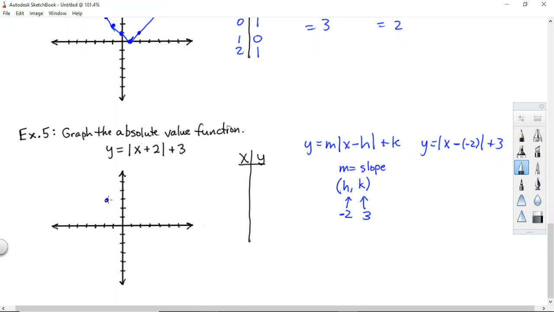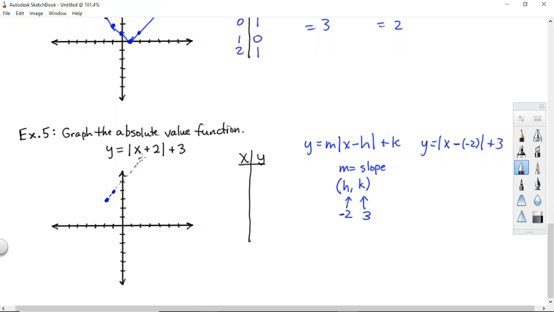So we could do a rise over run thing here. Rise of 1, run of 1, and put a point here, and we could then graph that without even plotting any points. Okay, well, let's see if that's the same thing. Let's go ahead and do it. Let's put it on dotted lines here.